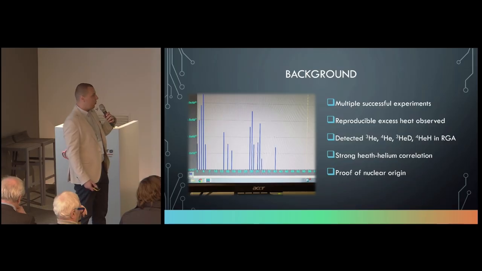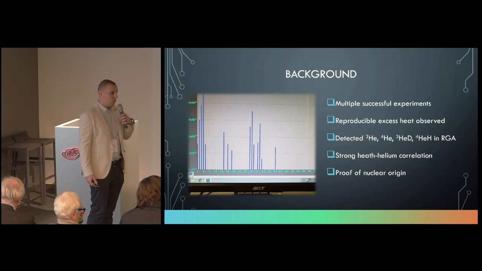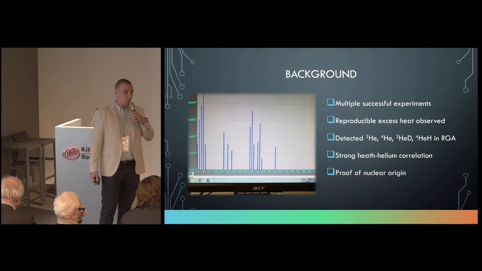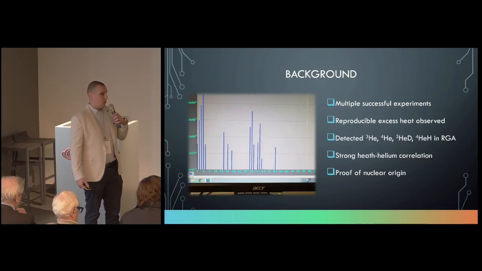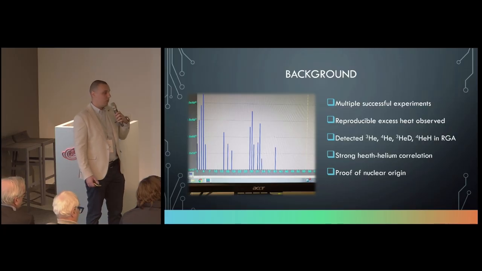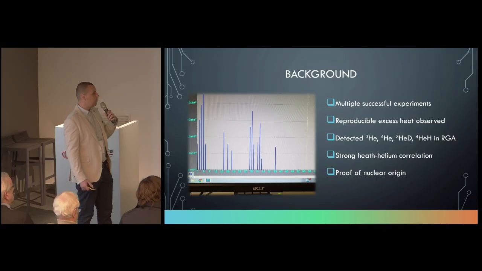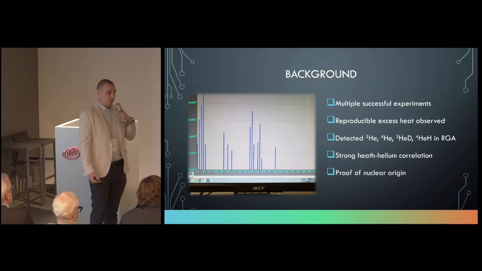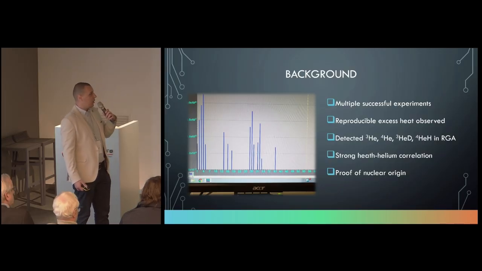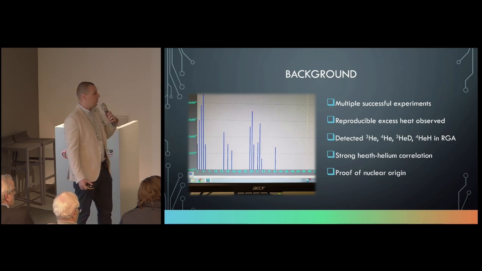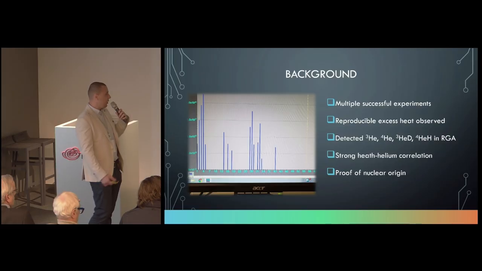So, the background for my study. As you already saw, we have multiple successful experiments. They are reproducible. We have results in every experiment we do. We have reproducibly seen excess heat in all of them, and also helium-3, helium-4, 3-helium deuteride, and 4-helium hydride.